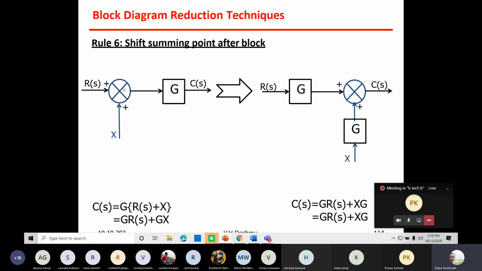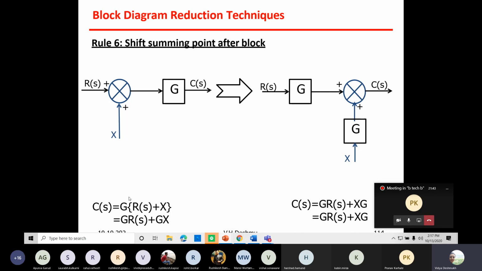If we want to shift this summation point after the block, then we have to add an additional block. The gain of the block from which we shift the summation point is what we add here. Okay, remember this. Look at the direction of the arrow: this arrow is moving above the block G, so we add here the gain G.